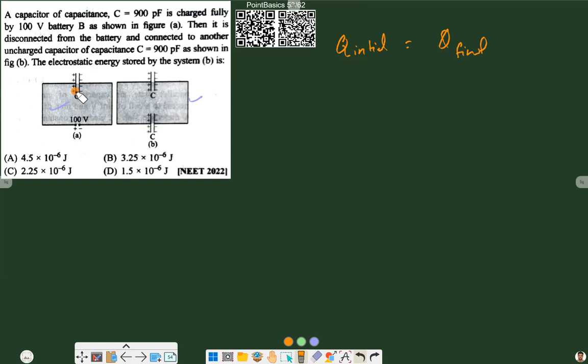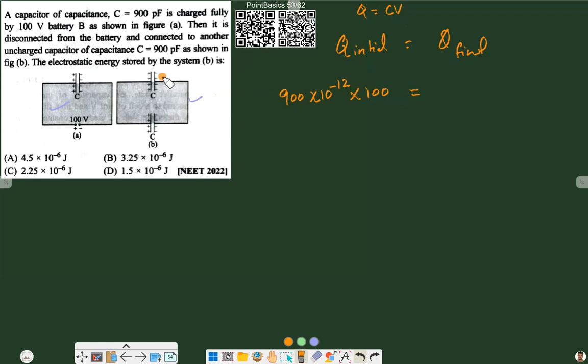Initially, this capacitor C with the capacitance 900 picofarad is charged by 100 volt potential. So its initial charge will be 900 into 10 raised to power minus 12 into potential, because charge Q is equal to CV. So multiply by 100. Now equals to Q final.